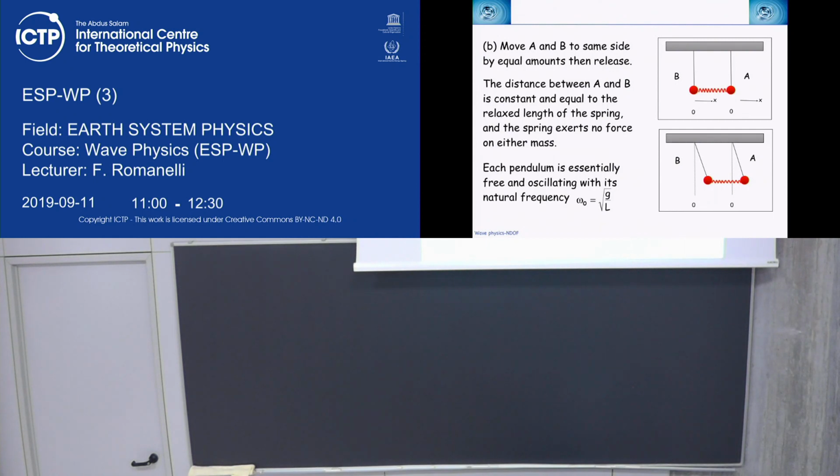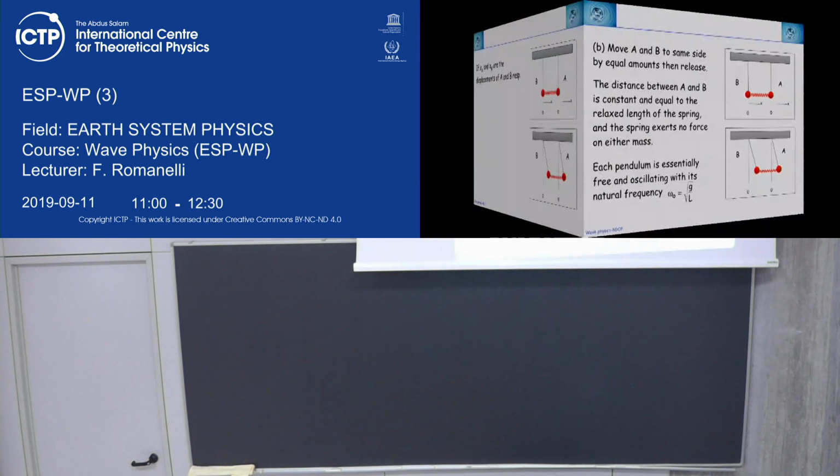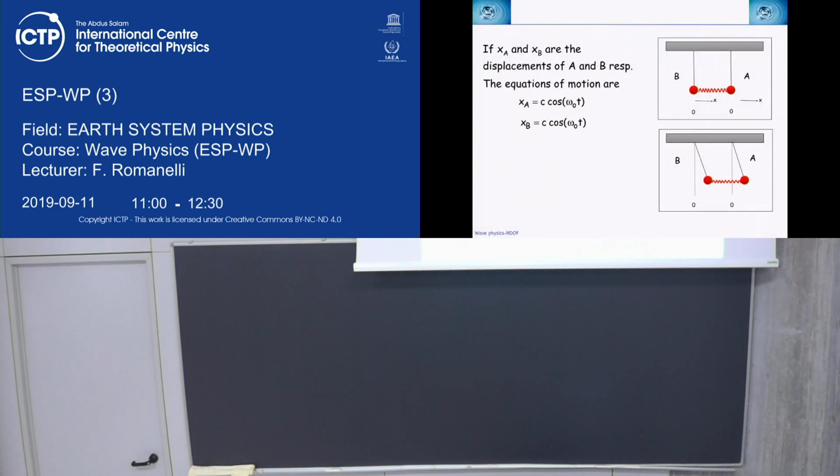Full stop. Now, during these dynamics, the spring will not act. So they will move together with the same frequency and the same amplitude. There is no damping. Everything is pure here. Very nice. It's a cosine. Initial conditions, please remember. Who is deciding the amplitude?